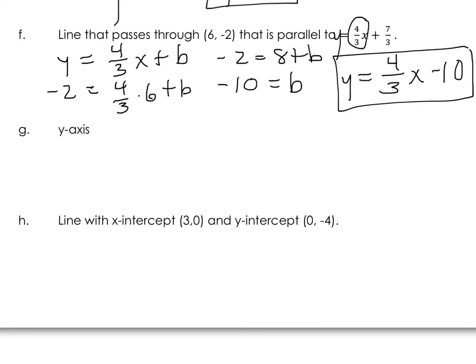What's the equation of the y-axis? We want the equation of the y-axis. It crosses the x-axis, so its equation must be x equals, and where does it cross the x-axis? At 0. What's the equation of the x-axis?